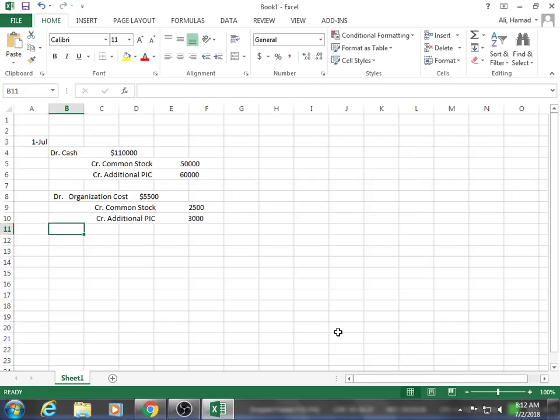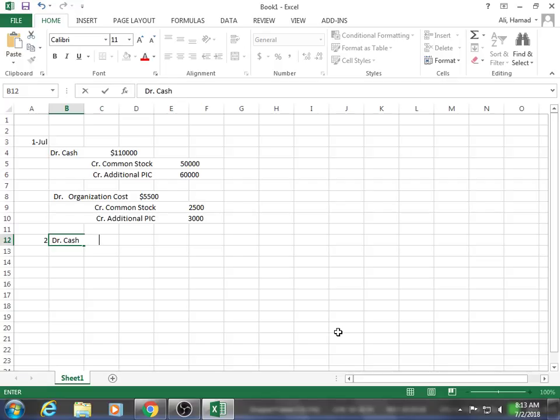All right, that's on the first. Anything else on the first? Nope. And now we go to July 2nd. What happened on July 2nd? Issued 1,000 shares of preferred stock at par value for cash. So we're going to debit what? The cash. Cash for how much?